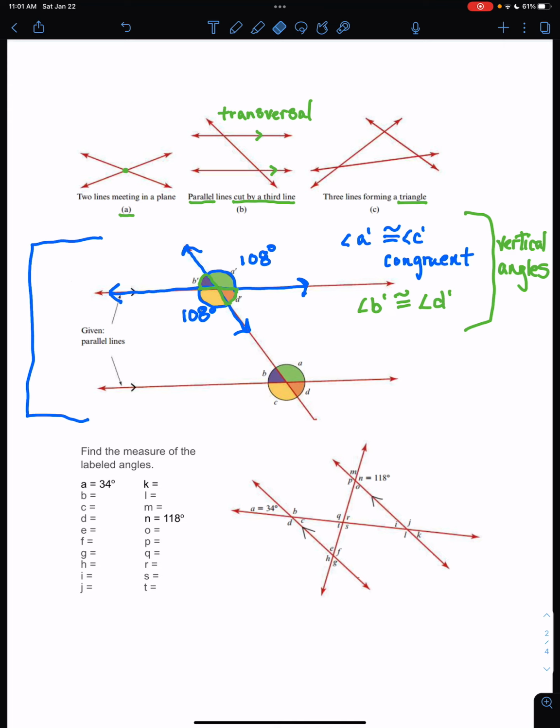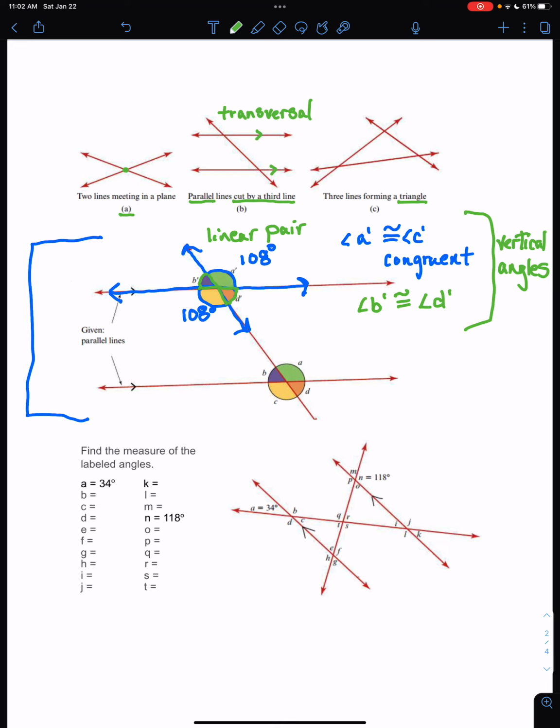In your Quizlet about different terms, you should have been able to identify that also A prime and B prime form a linear pair, and that linear pair is also what we call supplementary.